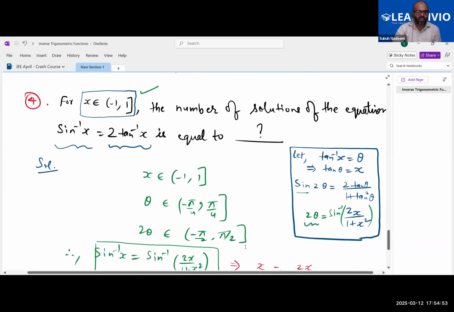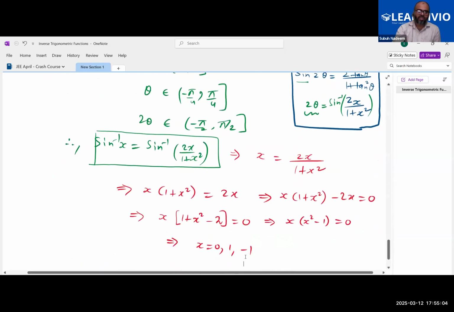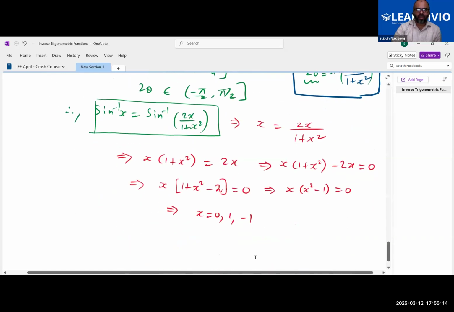But if you see it clearly, you have to observe meticulously that minus 1 is not included. So if any value is coming as minus 1, you can't take it as the answer because it is not included in the question. In the condition it is okay, you can take minus 1, but in the question it is not there. So x is 0 and 1 only, which are acceptable values.